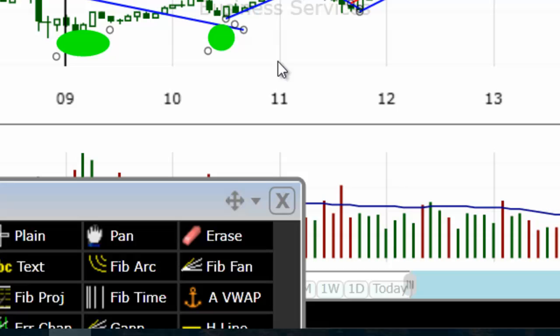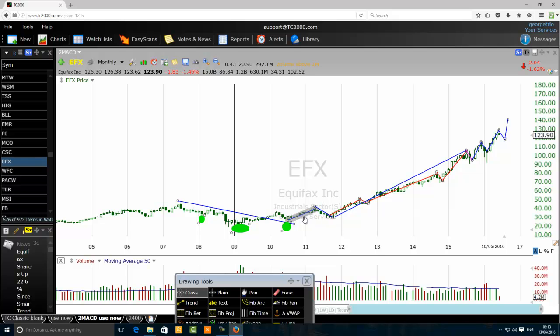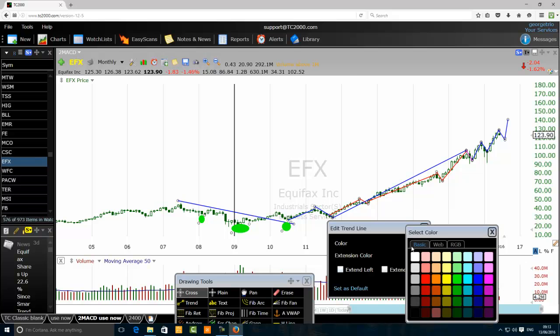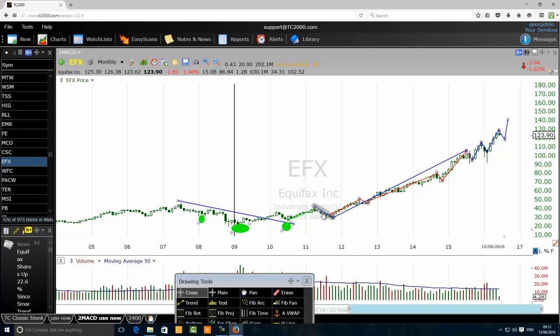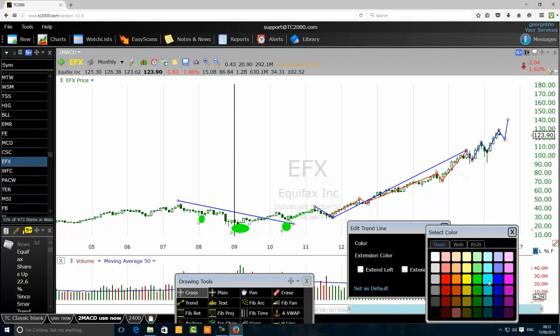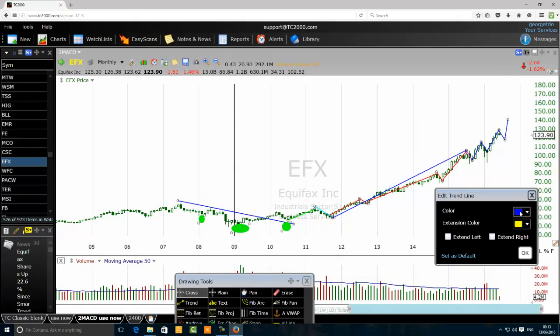I want to check now, is there any Elliott wave violation? You can see the first wave, second wave. Let's call the first wave green. The second wave, I'll call turquoise. That's my second wave. And the third Elliott wave in orange.